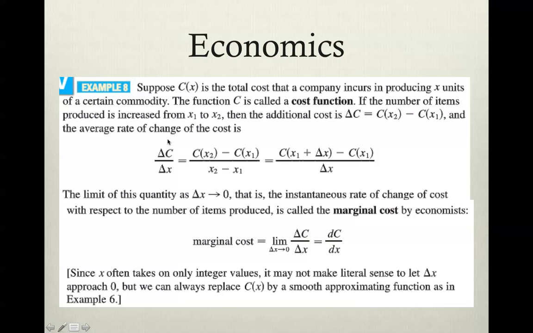The limit of this quantity as change in x approaches 0, that is, the instantaneous rate of change of cost with respect to the number of items produced, is called the marginal cost by economists. The marginal cost equals the limit as change in x approaches 0 of change in C over change in x, the derivative of C with respect to x.